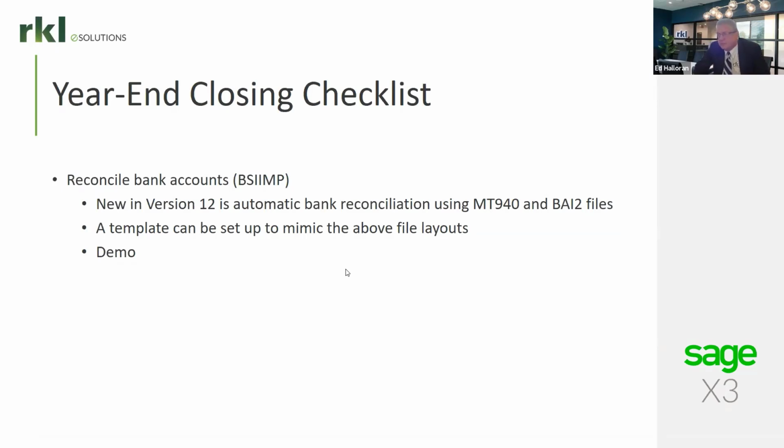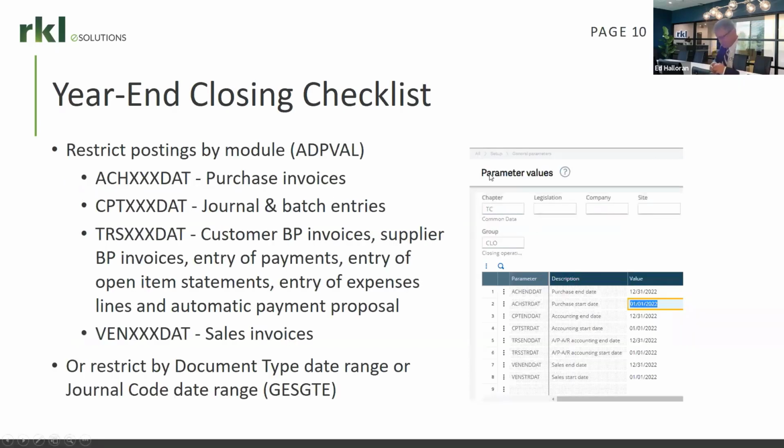All right, so you make sure your bank statements are reconciled and your transactions in the bank have been recorded in X3. So continuing down the checklist, X3 does allow you to close the modules so that no one else can post data or transactions to the month.